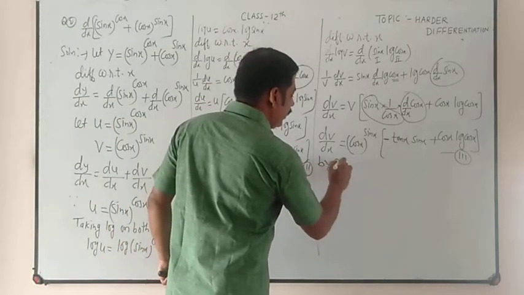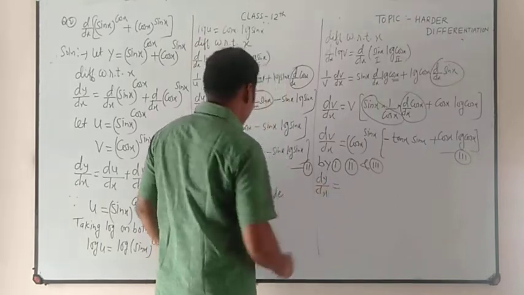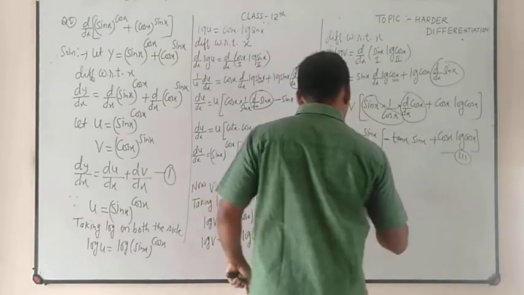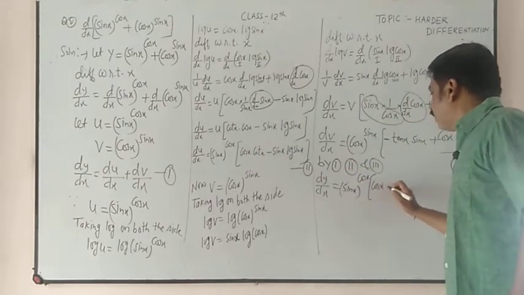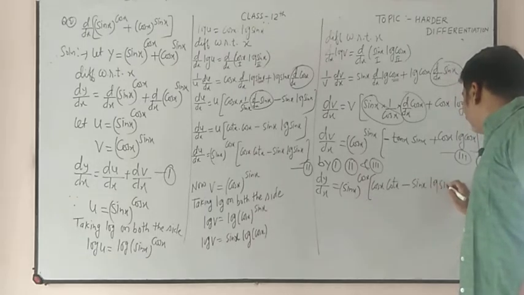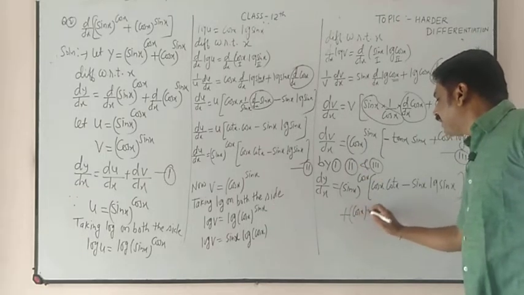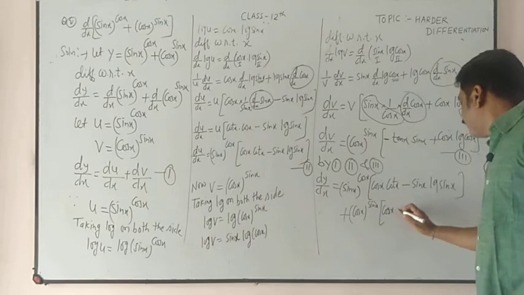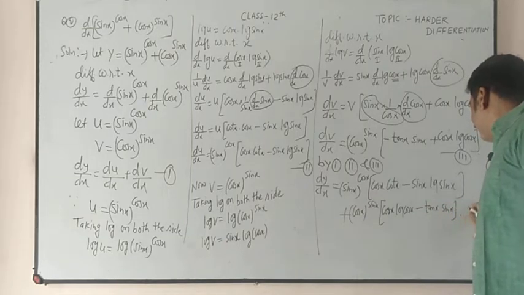By first, second and third, dy by dx is equal to, the value of du upon dx, sin x raised to cos x in bracket cos x cot x minus sin x log sin x, bracket close, plus dv by dx, cos x raised to sin x in bracket, first write this one, cos x log cos x minus tan x sin x, right?